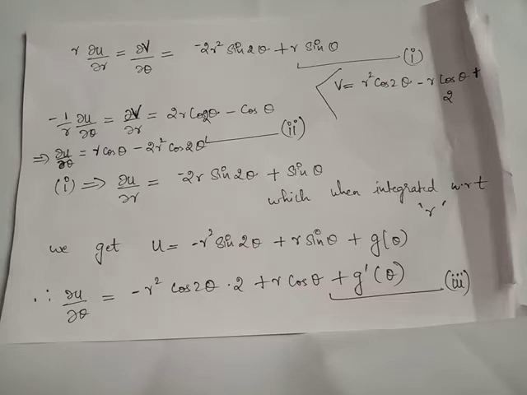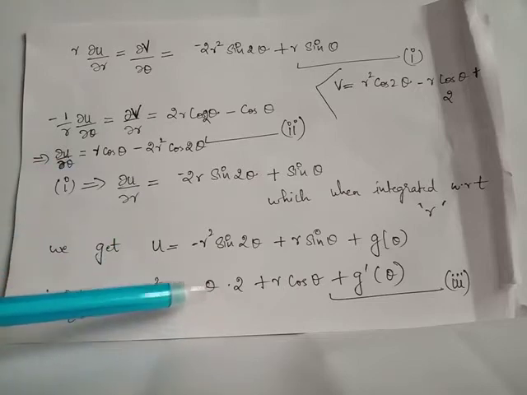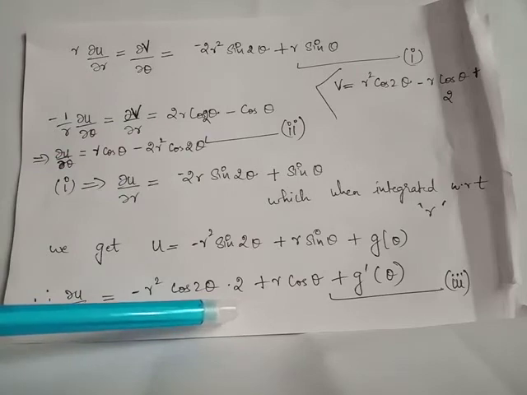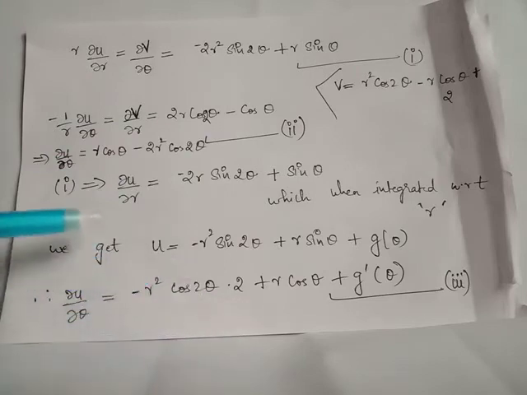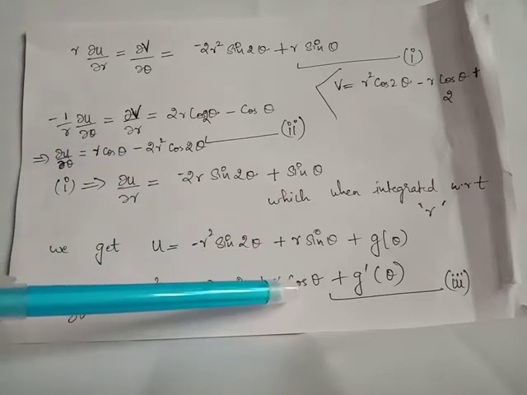Now, we can evaluate dou u by dou theta from this expression of u, taking the partial derivative of this expression both sides with respect to theta, treating r as a constant. You obtain this equation. Now you are in a position to compare equation 2 and equation 3 because you notice that the LHS of these two equations are the same. When you compare, you observe that r cos theta repeats in the RHS.